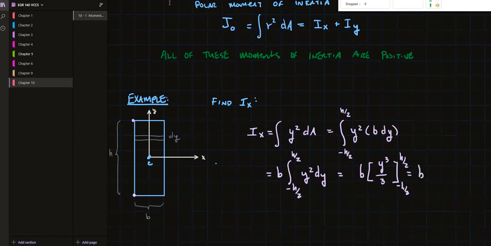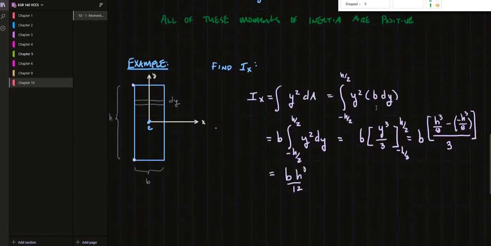And this equals b times h cubed over 8 minus a negative h cubed over 8, and that's all divided by 3. And this turns into b h cubed over 12.